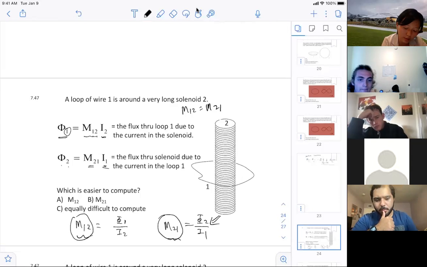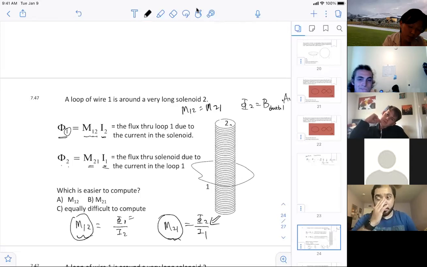So this one, you need the flux through 2. How do you get the flux through 2? You need the magnetic field generated by 1. So flux through 2 will be the B due to 1 times the area of 2. If you want flux 1, that is the B due to 2 times the area of 1.